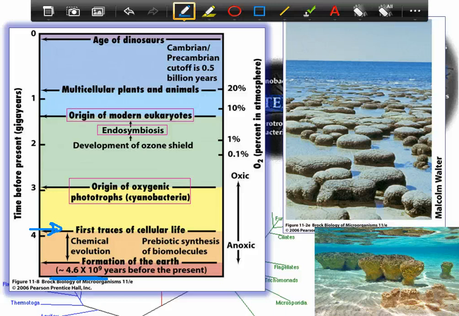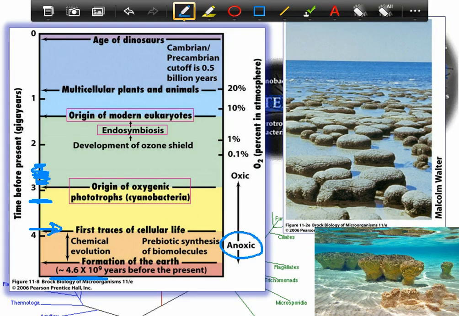The first bacteria were anaerobic. Look at the word anoxic, meaning no oxygen, because there wasn't any. They were using things like sulfur and phosphorus and all sorts of various elements that were in the atmosphere and so on and so forth. Now, let's go back up into this time, further back.